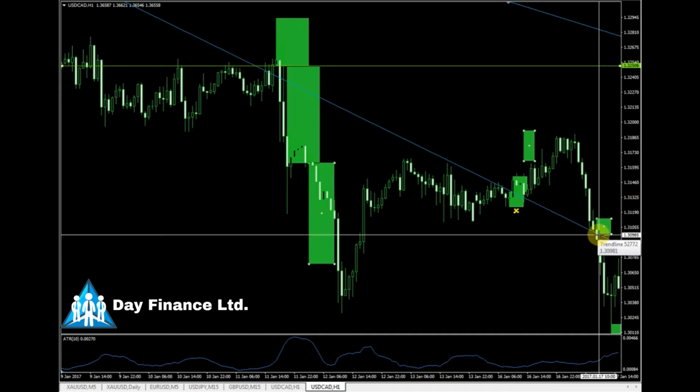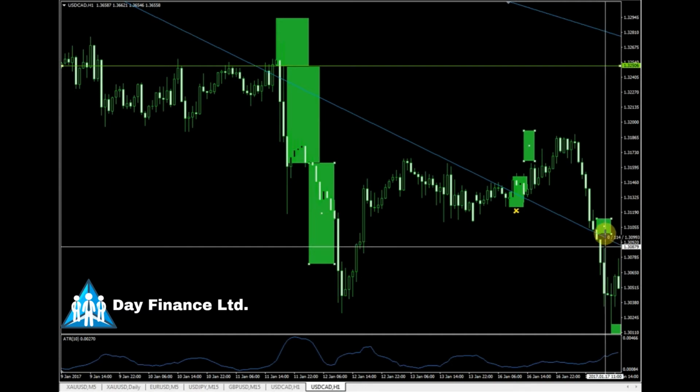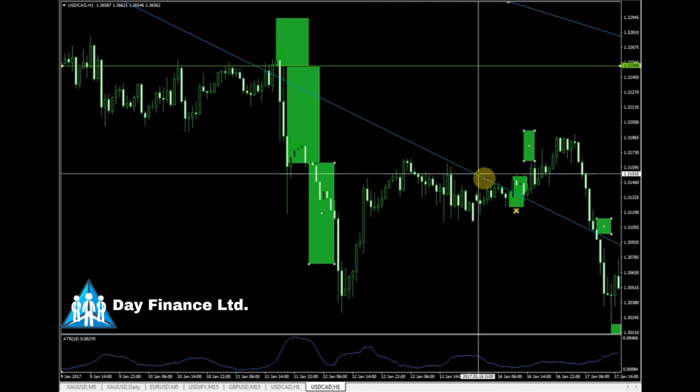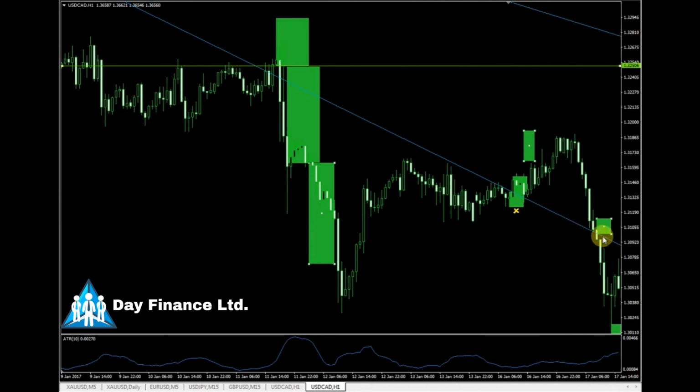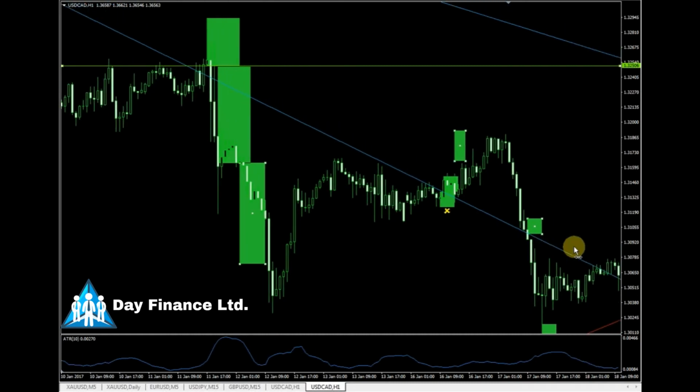Again, I will wait for the price to get back here to where this candle touches my trend line, but that never happened. So what is going on here?